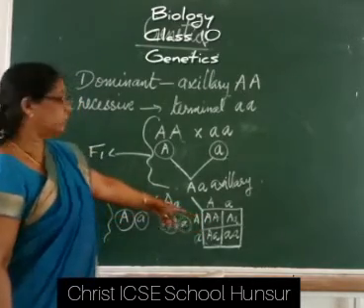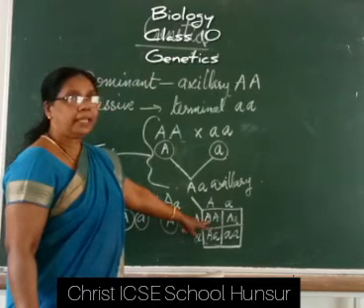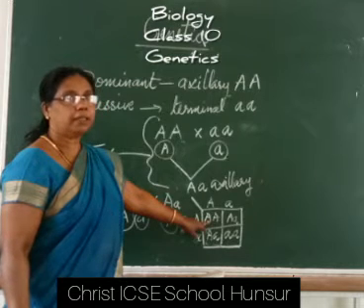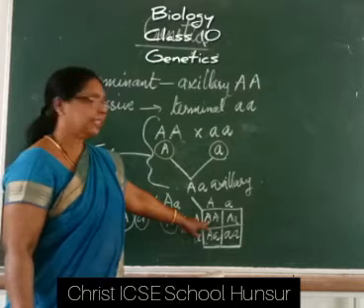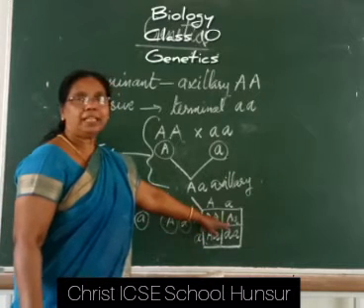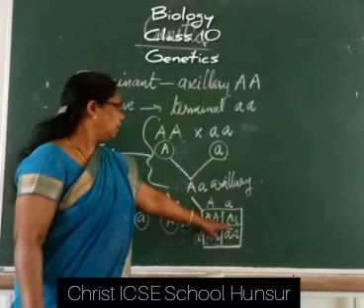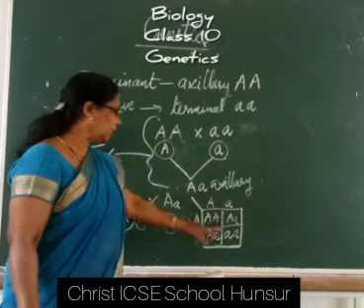And here you can see, look into the genes of this one, capital A. So what is the type of this flower? Yes, this is axillary in nature. Coming to the second one, capital A, small a. Tell me. Yes, that is also axillary in nature.